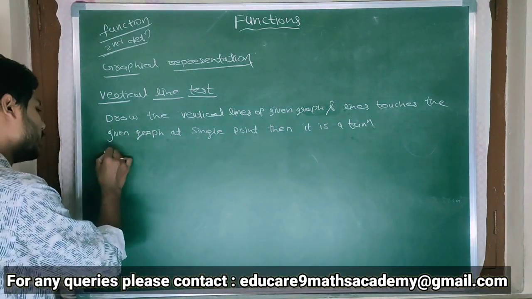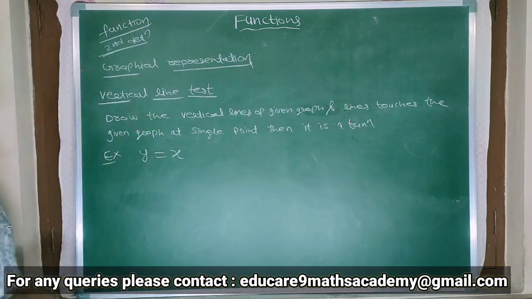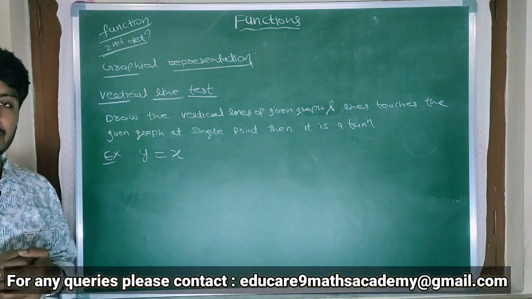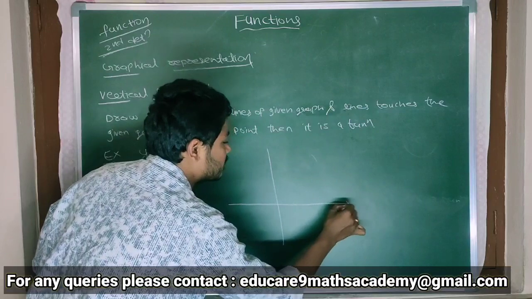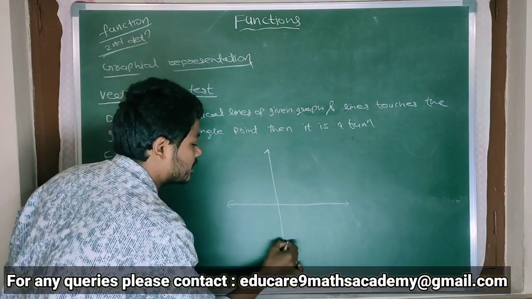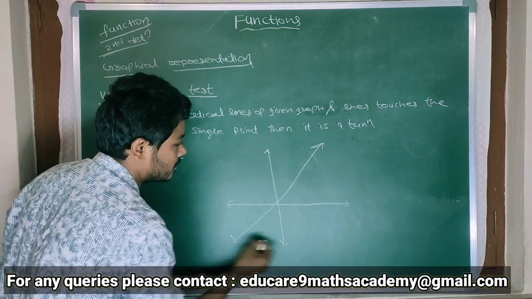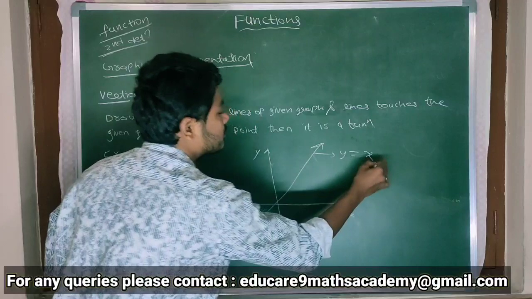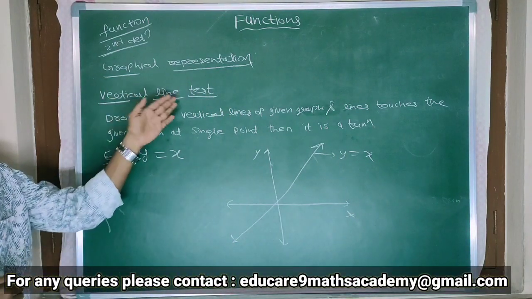So for example, y is equal to x. This is an equation in the form y is equal to mx, so you know that this line always passes through the origin. This is the graph of the given function, with the x-axis and y-axis. Whether it is a function or not, we check by the vertical line test.